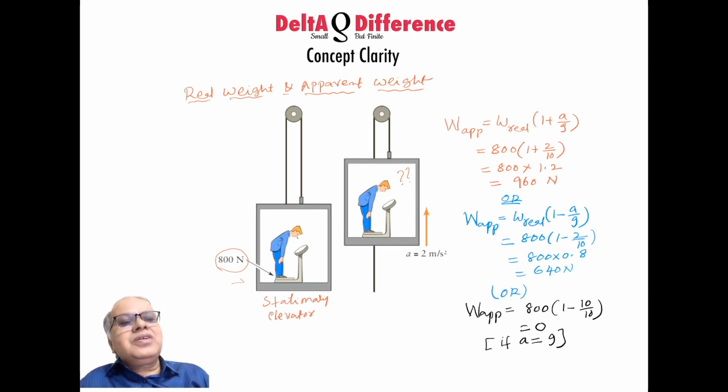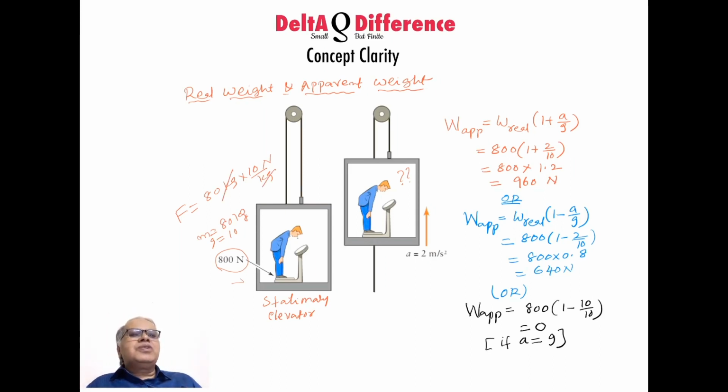So we say his weight is 800 newtons. That may be like this: m equals 80 kilograms and g equals 10. So the product is F equals mg, that is 80 kilograms into 10 newton per kg, the value of g. So the weight is 800 newtons.